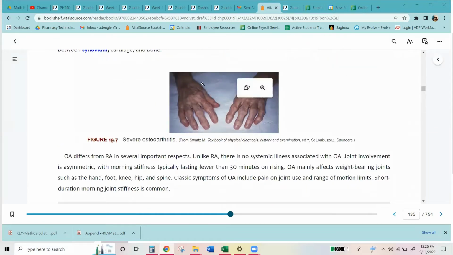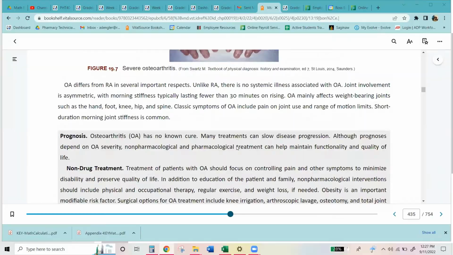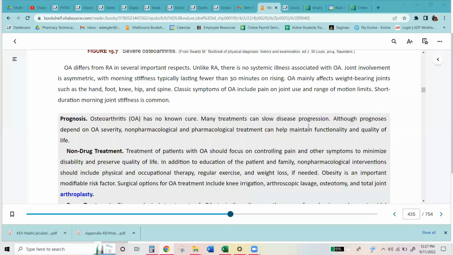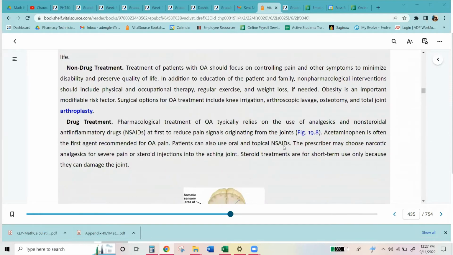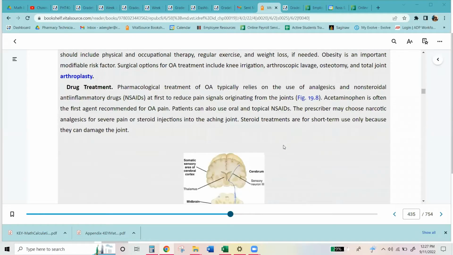Here's just a severe case of osteoarthritis. Osteoarthritis differs from rheumatoid arthritis in several important aspects. Unlike RA, which is rheumatoid arthritis, there's no systemic illness associated with osteoarthritis.